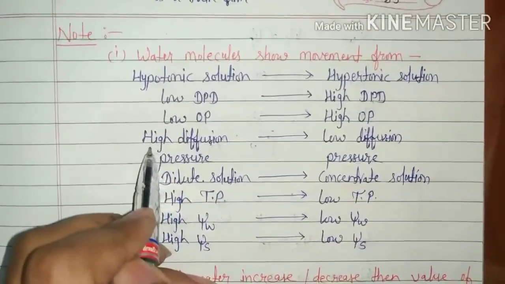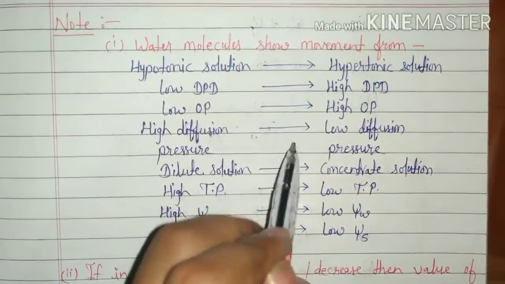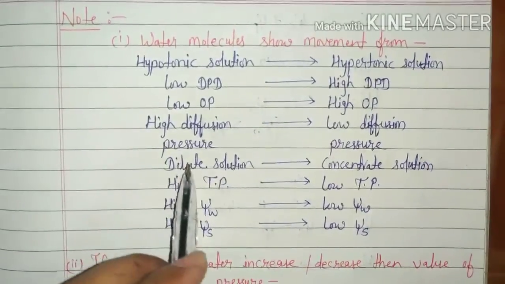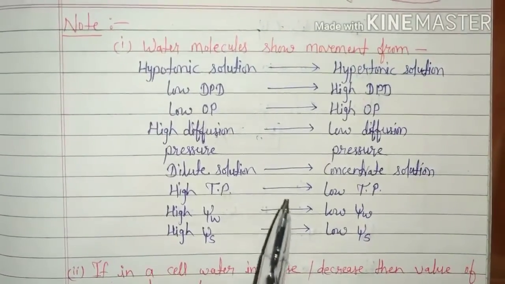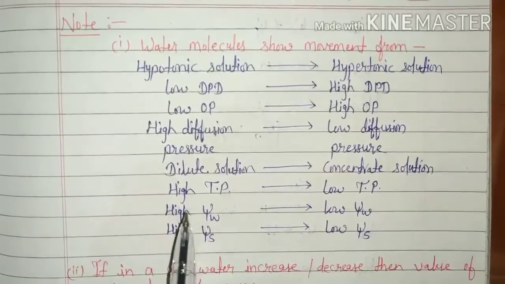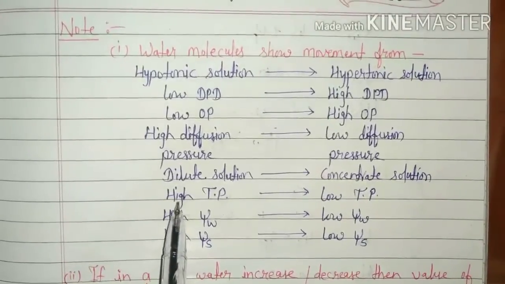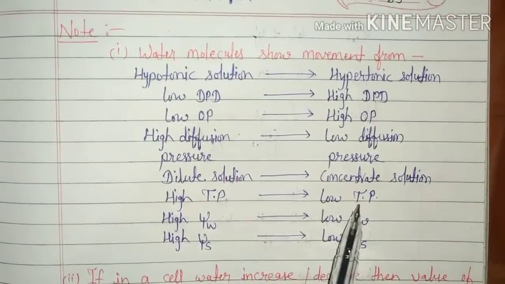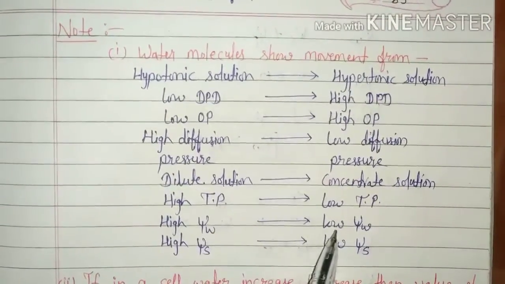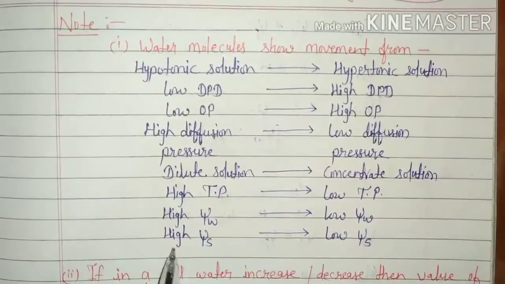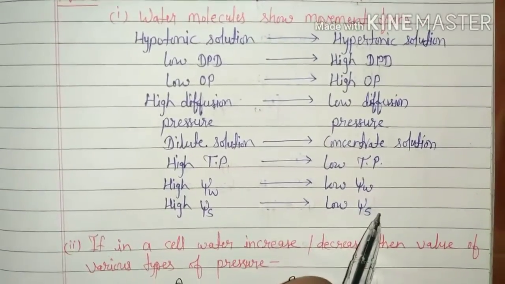Next, high diffusion pressure to low diffusion pressure through a semi-permeable membrane. Next, dilute solution to concentrated solution through a semi-permeable membrane or normal diffusion, because osmosis is a type of diffusion. Next condition, high turgor pressure to low turgor pressure, high water potential to low water potential, and high solute potential to low solute potential.